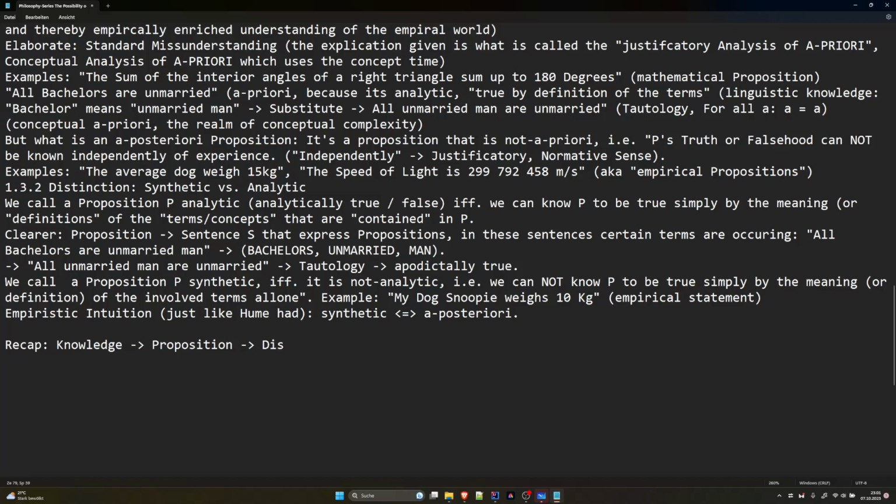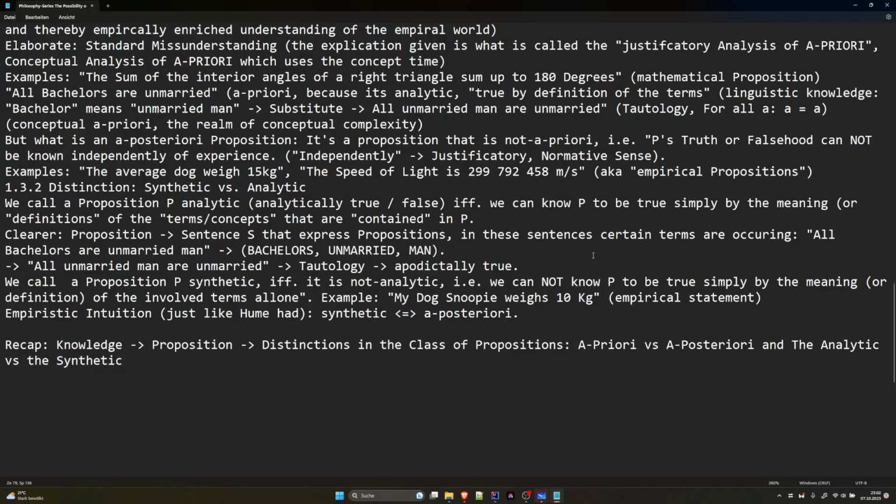Then we had several distinctions in the class of propositions. The a priori versus the a posteriori, and the analytic versus the synthetic proposition.